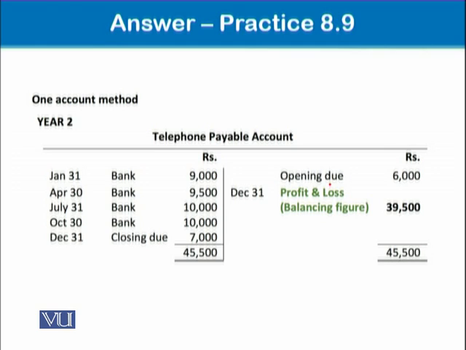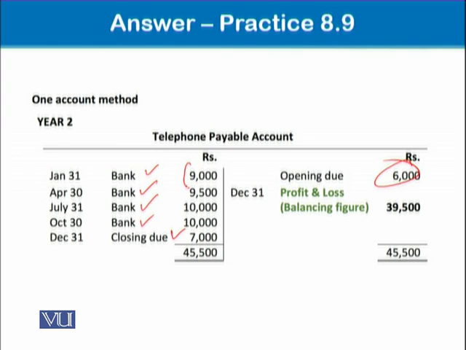Whereas for the year 2, one account method will look like payment. Okay. And this due. This 6,000 we are taking out because although this 9,000 was paid during the year, 6,000 was opening due. Take it out.